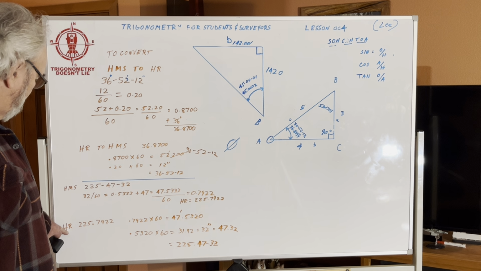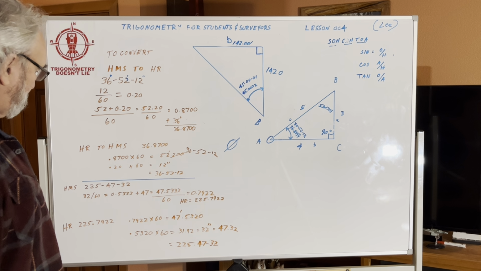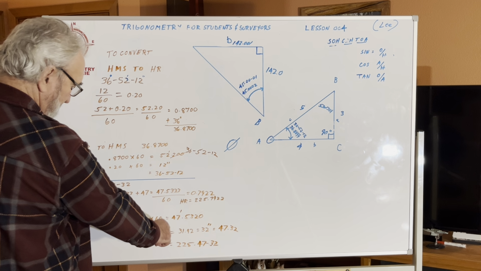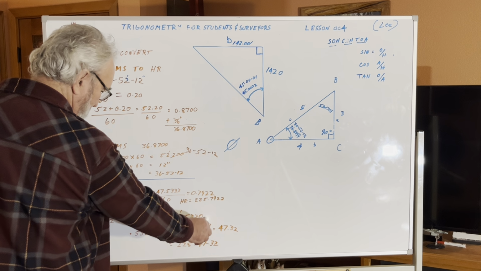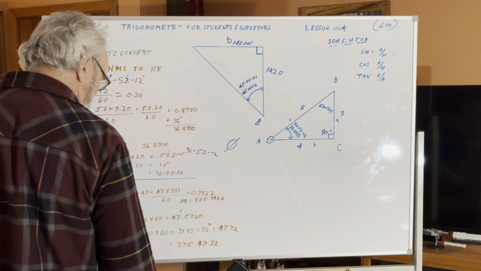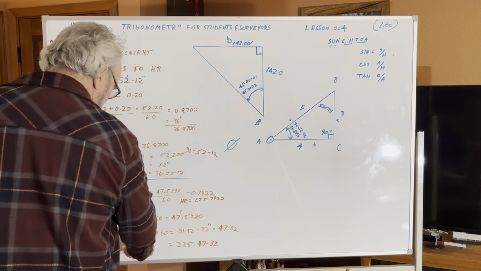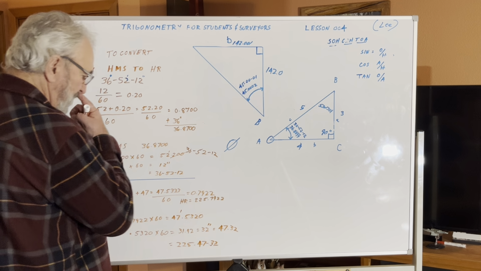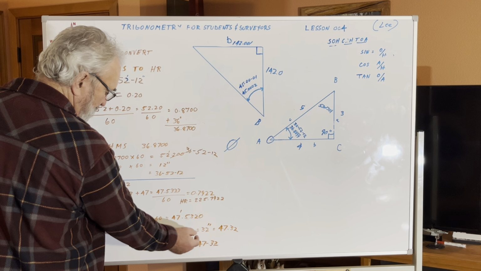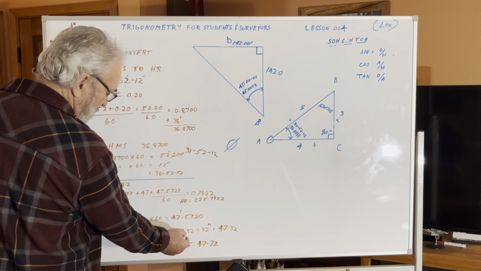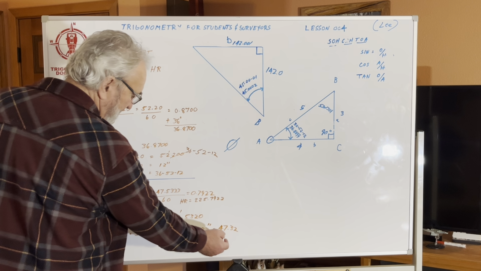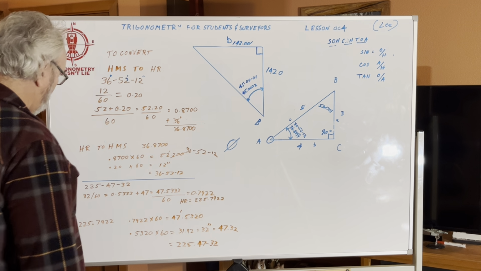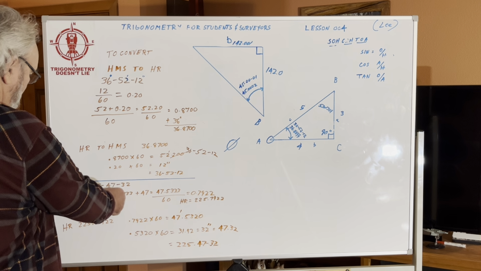That's what we're starting from now. 225.7922, the .7922 times 60 equals 47, and that's the whole number. Then the remainder is .5320, times 60, gives 31.92. Now this you might want to round up. Normally you just drop that and it'd be 31, but since it's 31.9, I went ahead and rounded up. That gives me 225, 47, 32. And what did we start at? 225, 47, 32.